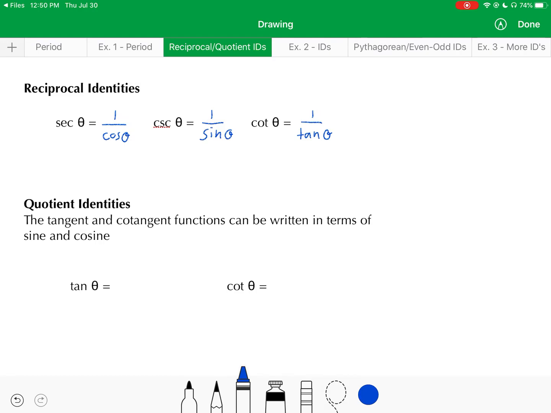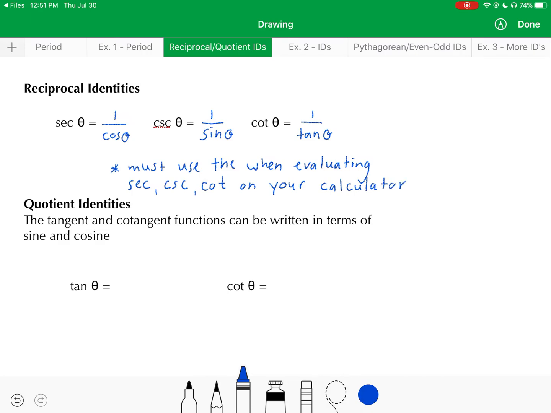Now, where these three identities are extremely important and will come into play a lot is when you're evaluating secant, cosecant, or cotangent on your calculator, okay? You must use these when evaluating secant, cosecant, and cotangent on your calculator.